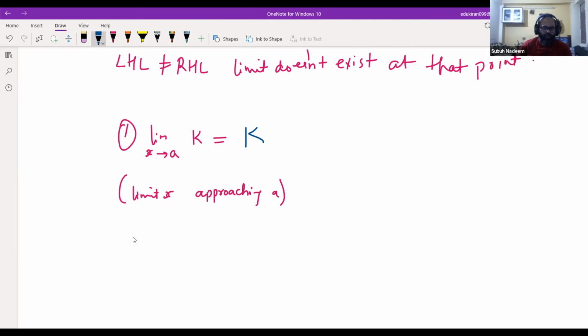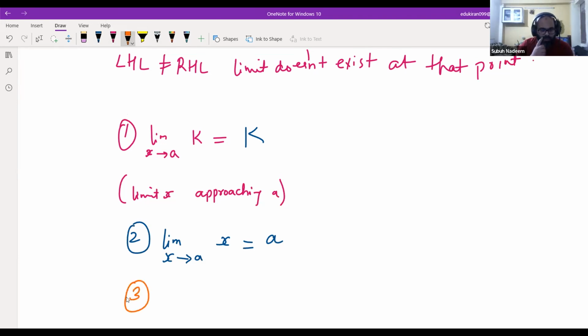And if you have limit x approaching a of x, then it will be a. That means you will simply substitute a in the place of x.